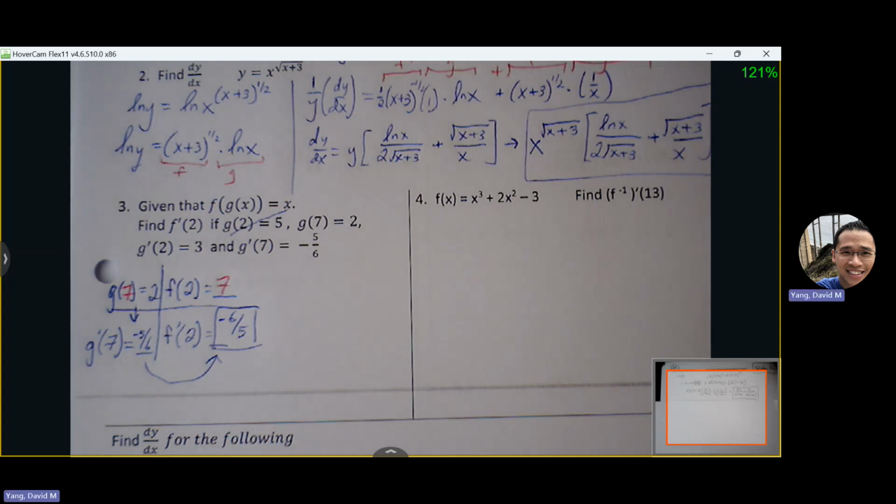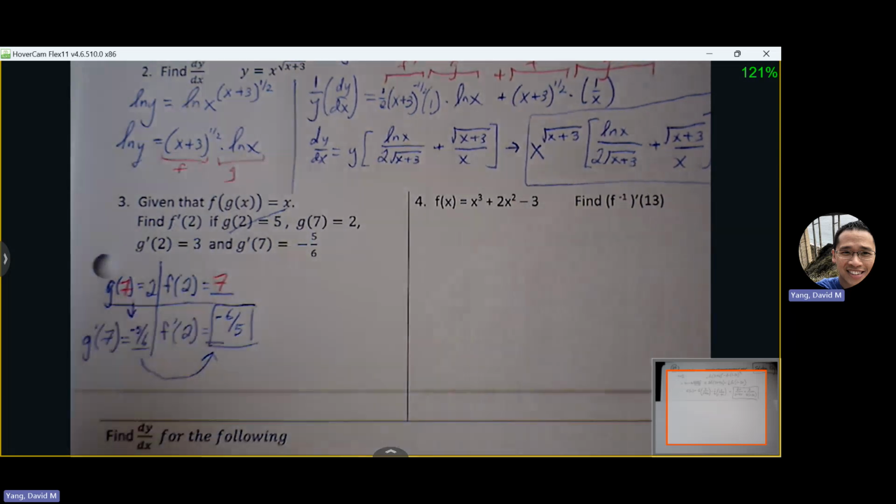Okay. Number 4 requires a little bit of guess and check, but let's see if we can do this on our own.